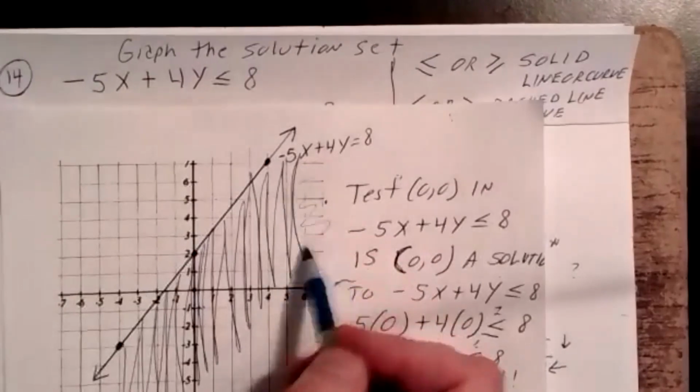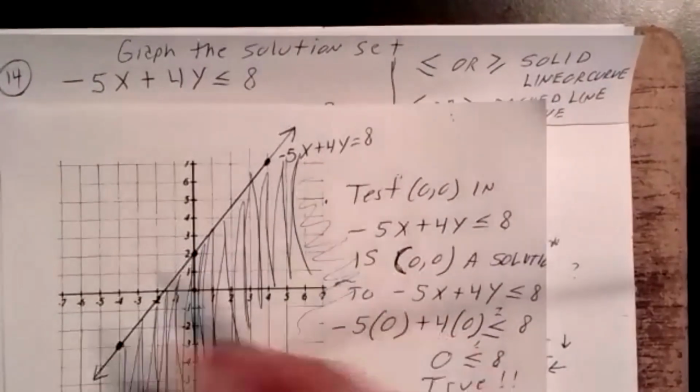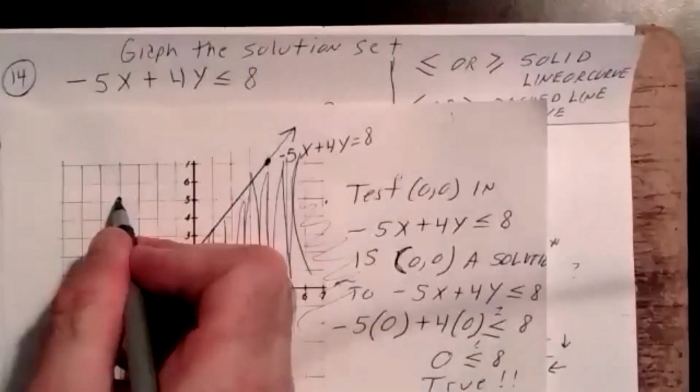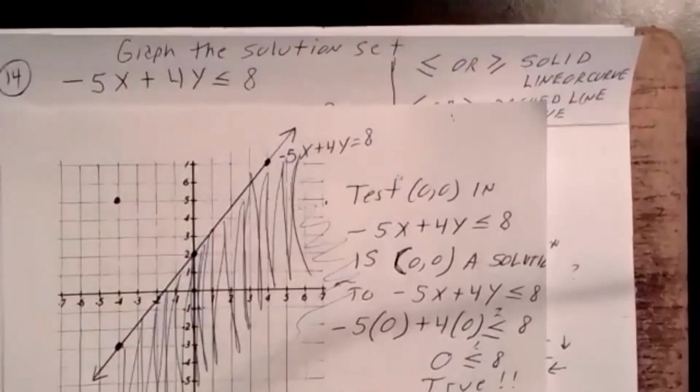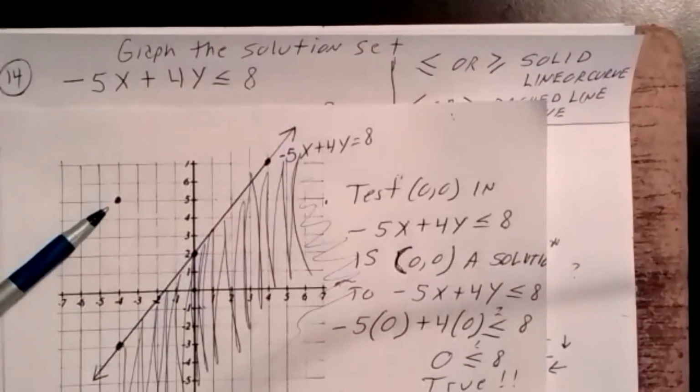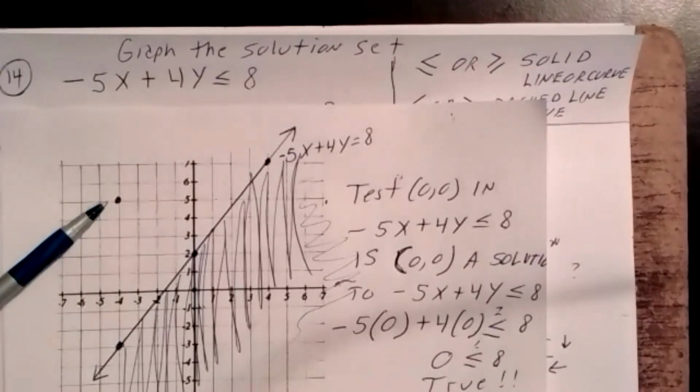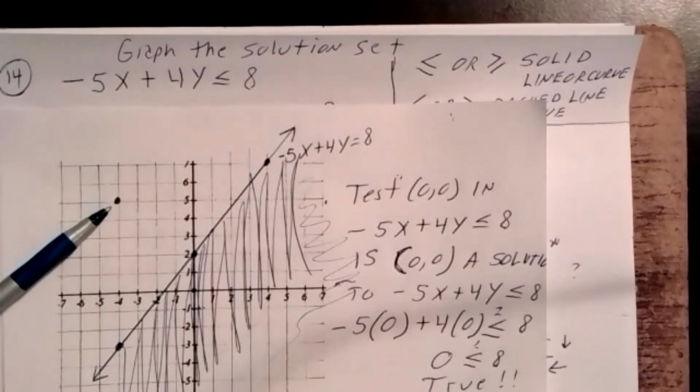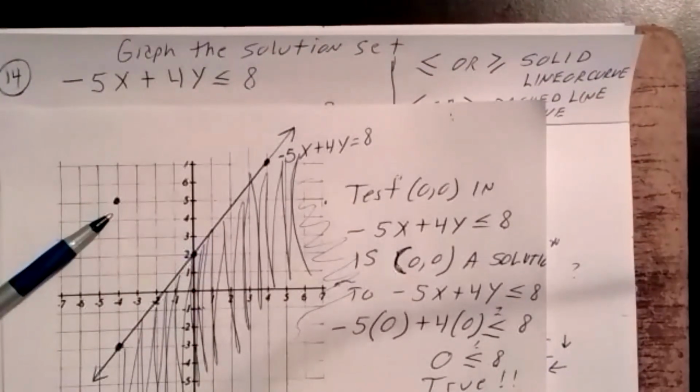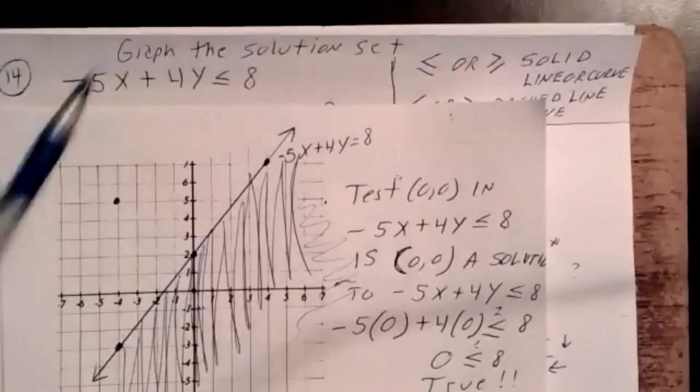Yeah, it's in the shaded region, correct? Would this point up here be a solution to the inequality? That point right there? You think this is a solution? No.